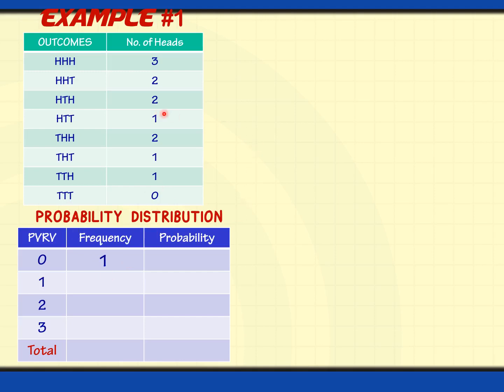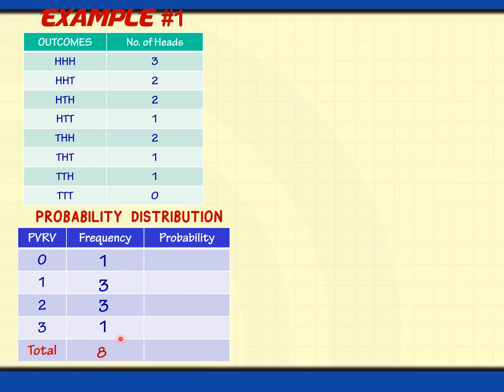Now, for number 1, or there is only one head, you can count it here. So, the frequency or the number of times it appears is 3. Just like for number 2, it is also 3. And for number 3, or 3 heads, that is only 1. So, a total number of 8, since you have 8 sample space, or 8 outcomes here.